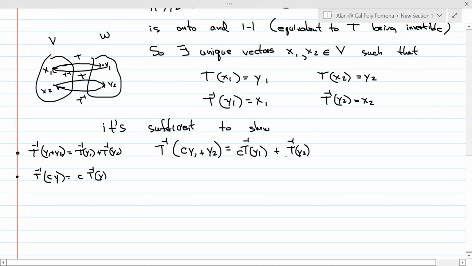Okay, so this is what we need to show. This is from some past result earlier in this chapter. So we start with the inverse working on c y1 plus y2.